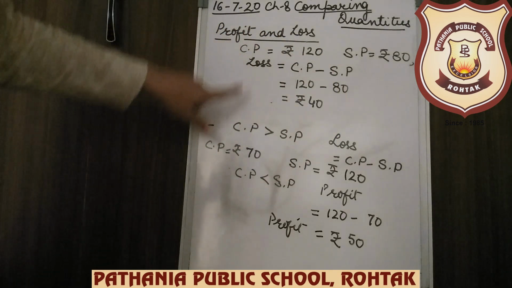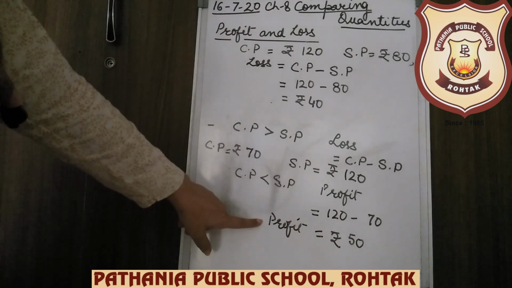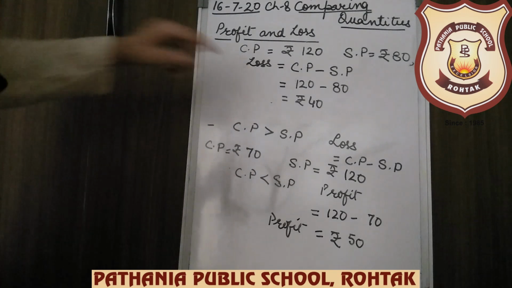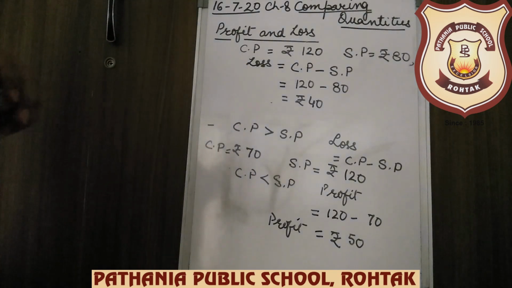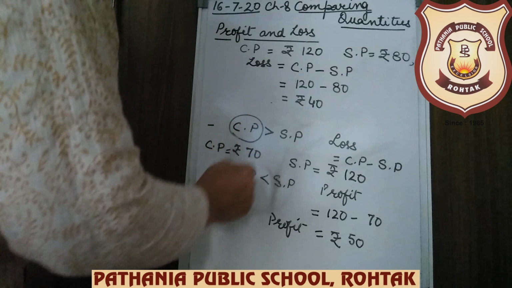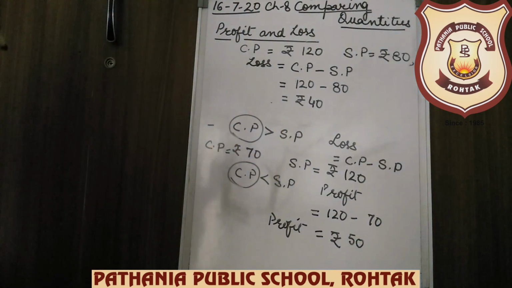Are these two conditions clear? When there is profit or gain and when there is loss. Now here one thing you must be observing, that every time we are comparing with the cost price.